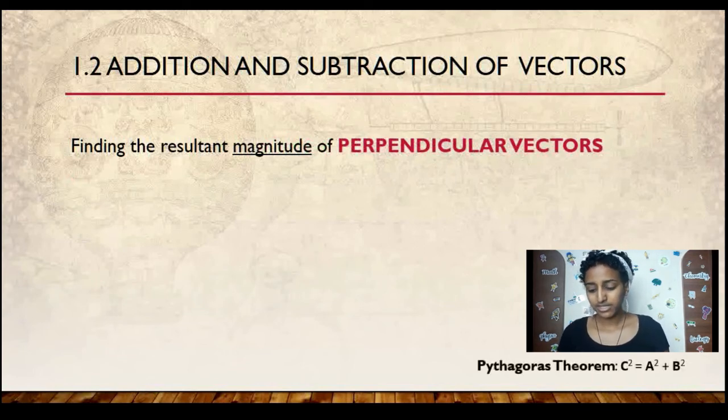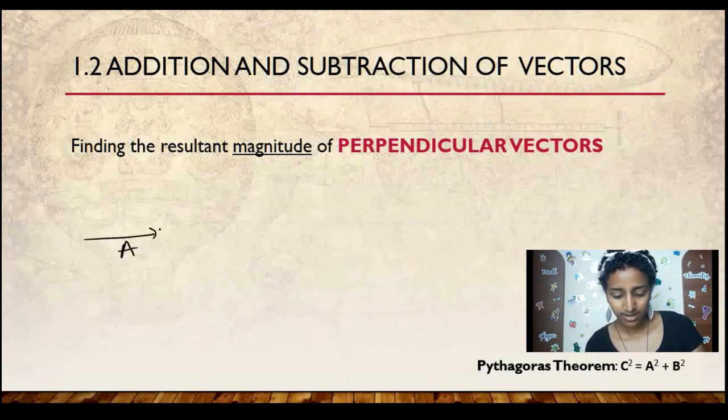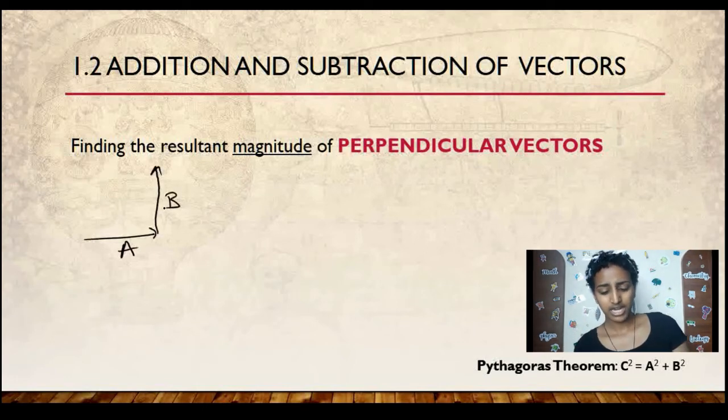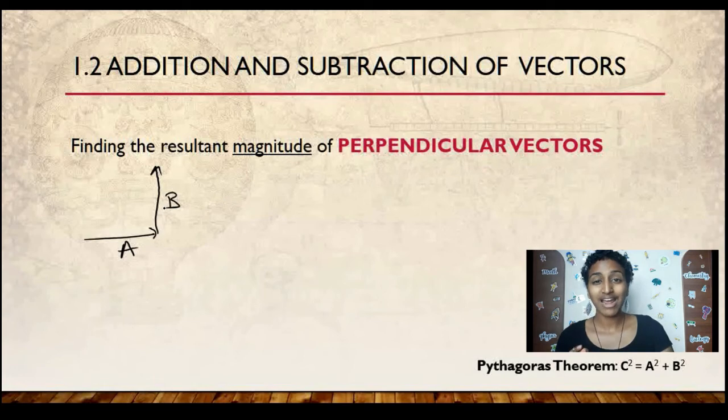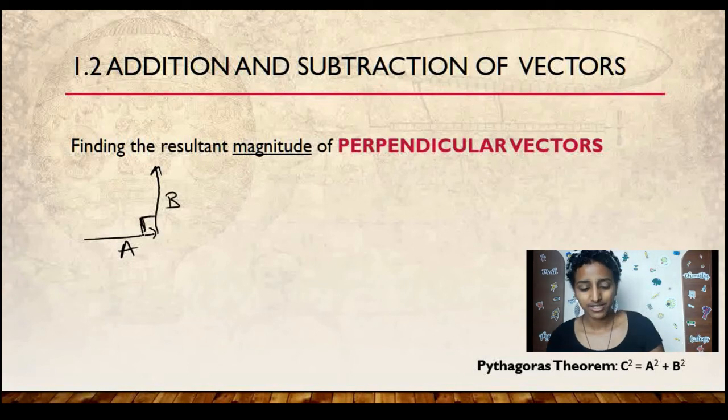The Pythagoras theorem, as you can see here, is c squared is equal to a squared plus b squared, okay? Now, if you remember, what this means is you have a and b, two sides of a right angle triangle, and you want to find the third side, or the hypotenuse, c. So let's say we have vector A and we have vector B. These two vectors are at a right angle to each other, and we can show this by putting this little square right here to represent 90 degrees.